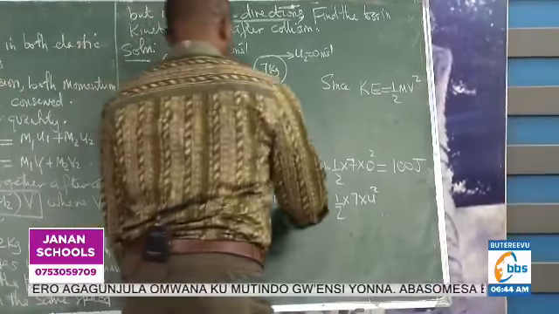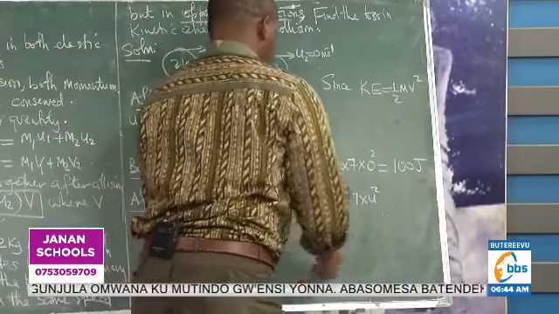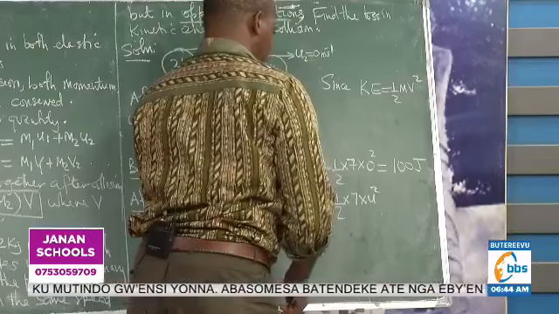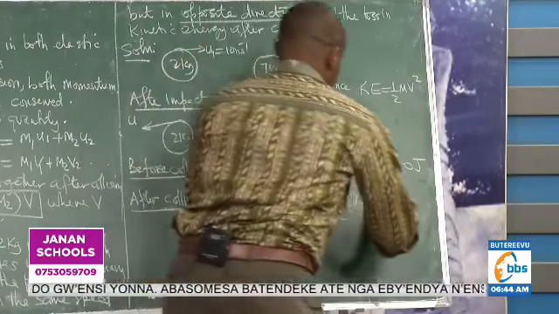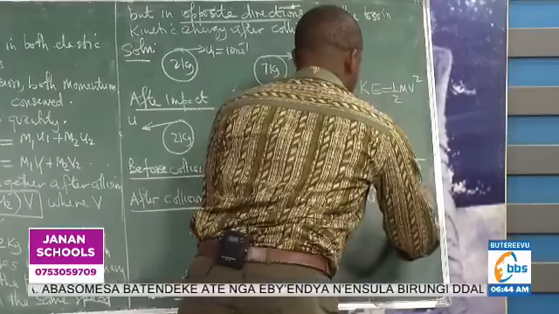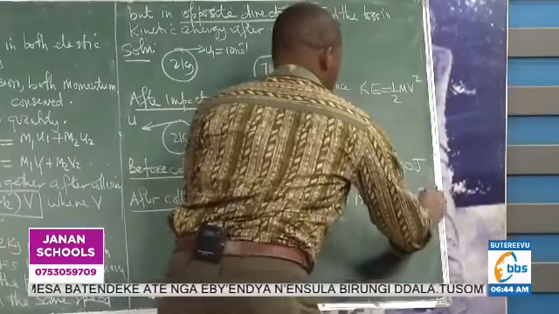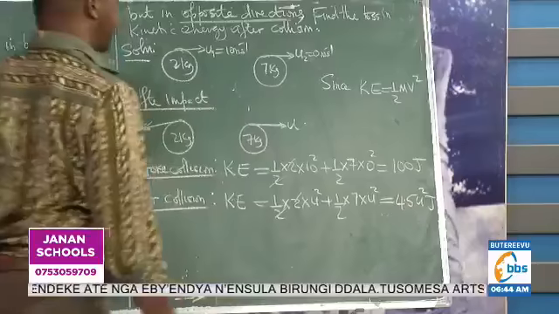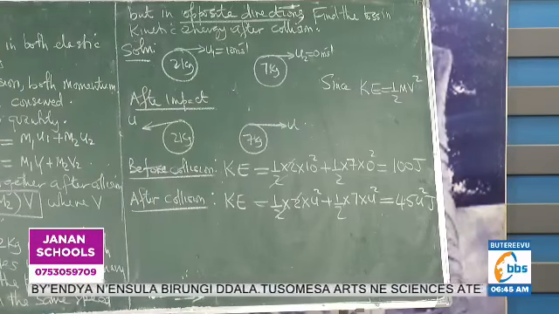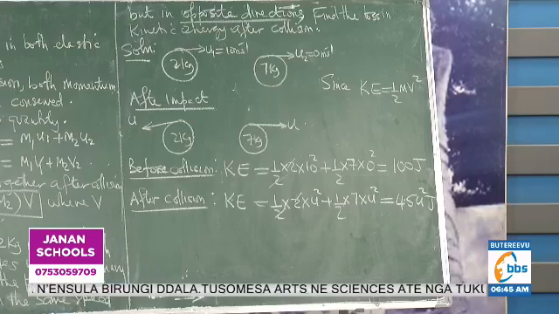This is going to cancel, and this will give us 3.5 u squared plus u squared, which will give us 4.5 u squared joules. That is the kinetic energy.